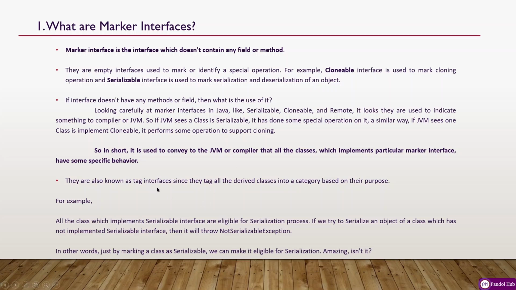So they are also known as tag interfaces since they tag all the derived classes into a category based on their purpose. For example, you have an Employee class which implements the Serializable interface. Your class is tagged with the serializable property, which is a derived class from the Serializable interface.